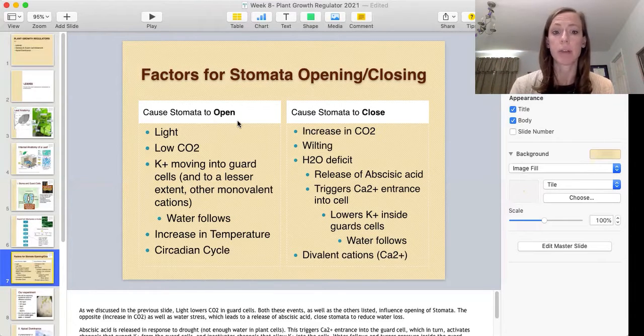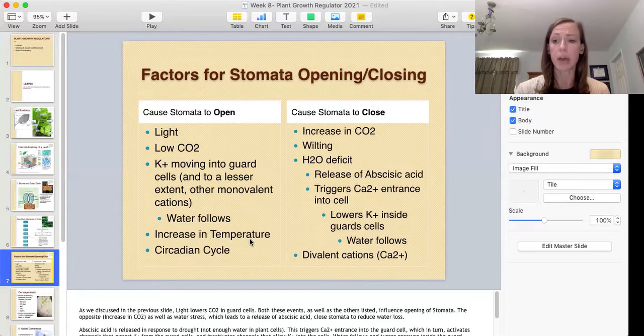Factors that cause stomata to open include light, decreased CO2 in the guard cells, and potassium moving into the guard cells. To a lesser extent, there have been studies that indicate that some other monovalent cations, such as sodium, can also increase the likelihood of stomata opening. Water will follow. So all these factors cause stomata to open.